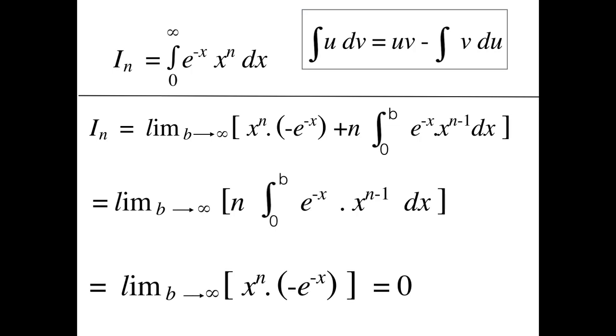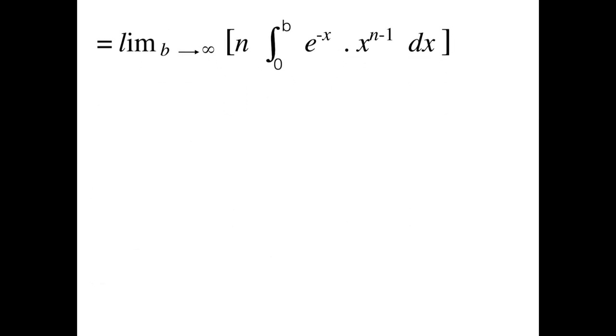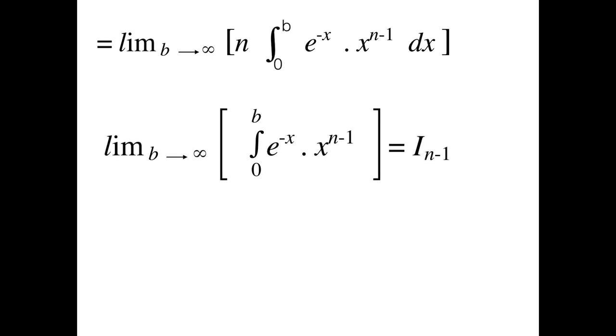After we have this equation, we have n times the integral from 0 to b of e to the power minus x, x to the power n minus 1 dx. So let us bring n as a constant in front of the limit sign, and after we do that, we'll be left with only this term. And what is this term?